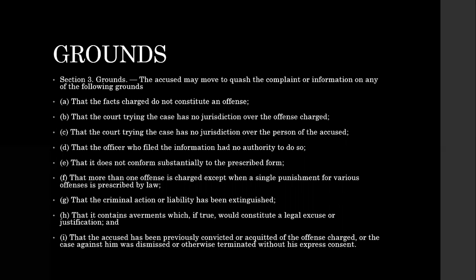So what are the grounds for the filing of a motion to quash? Under Section 3, the accused may move to quash the complaint or information on any of the following grounds.